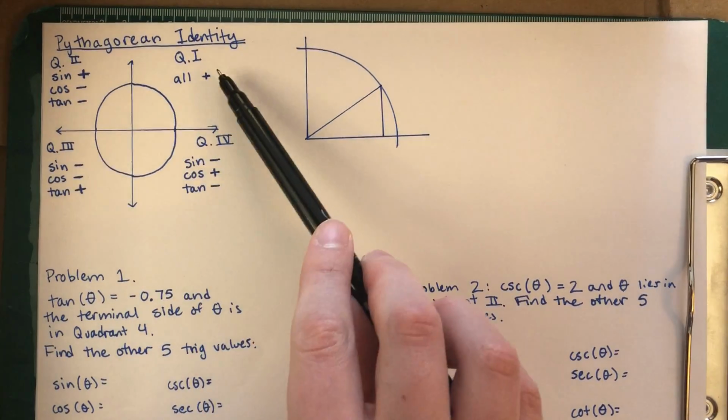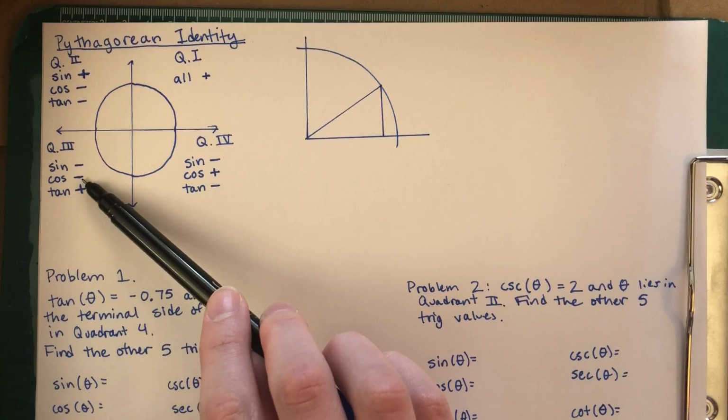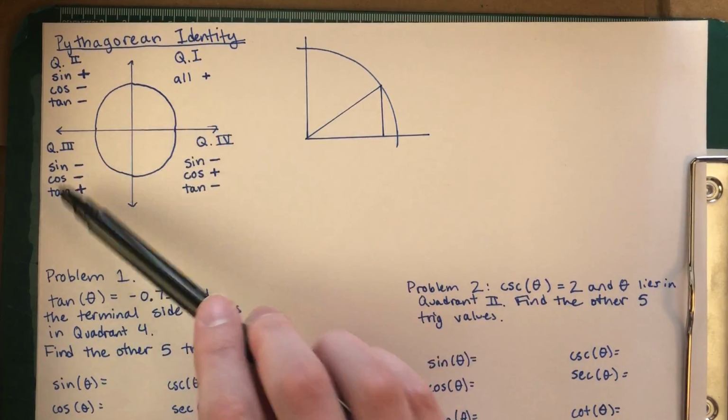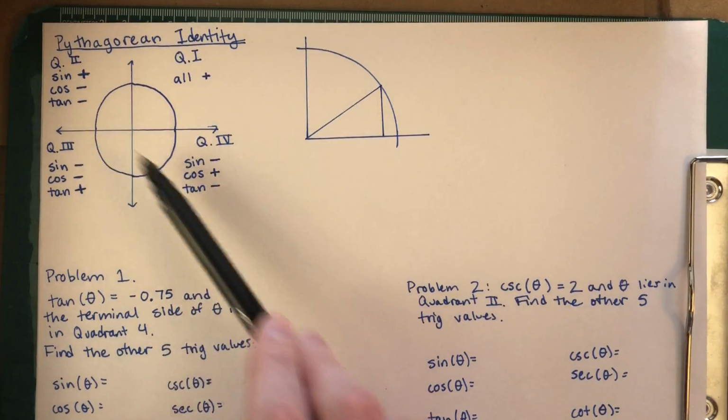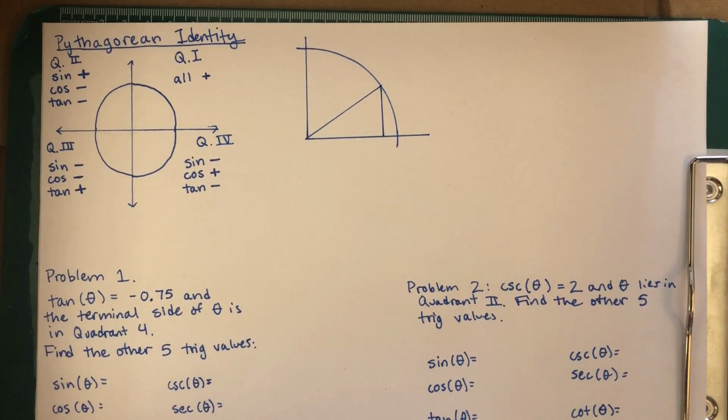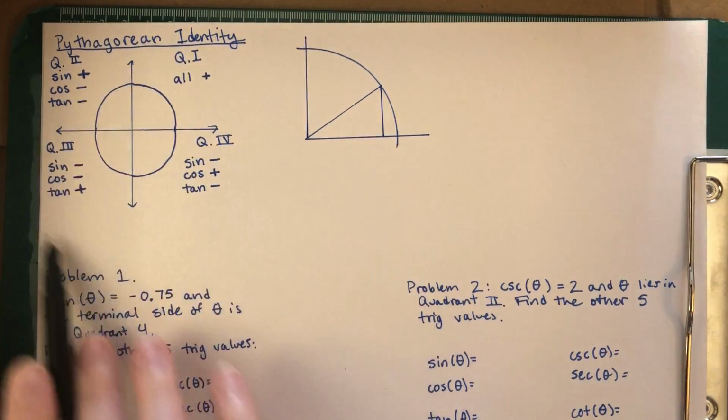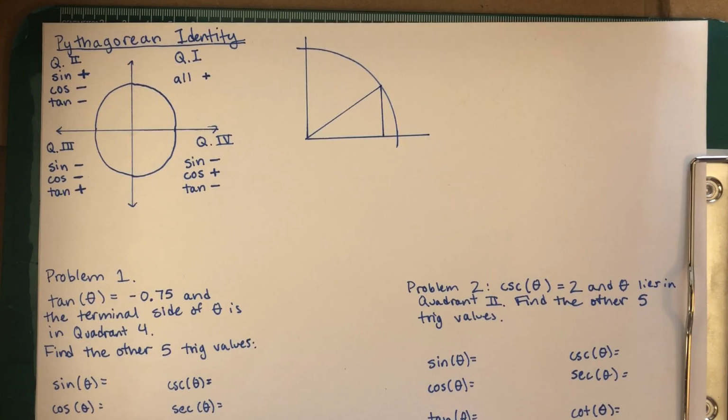So tangent is positive when the sine and cosine match, when they both have the same sign. And tangent will be negative when one of those is negative and one is positive. So you can kind of figure these out yourself, or you could memorize them either way.